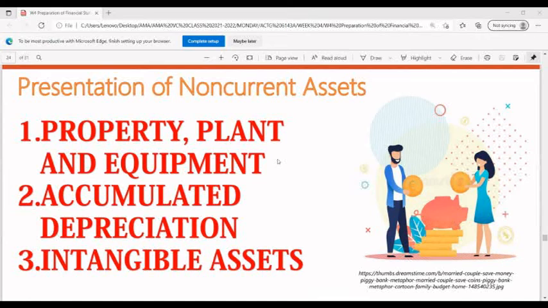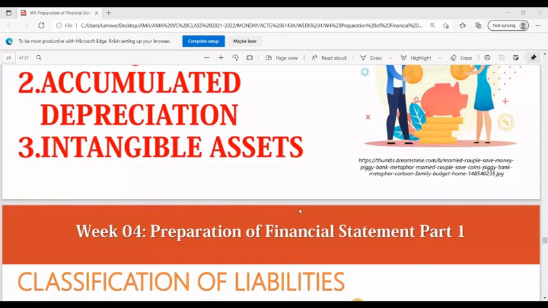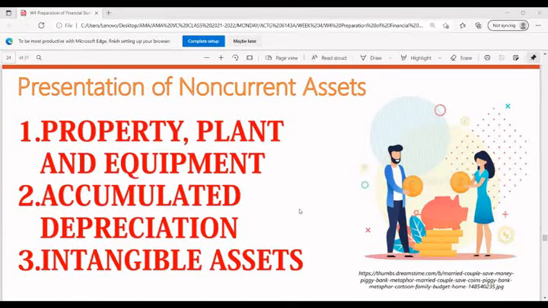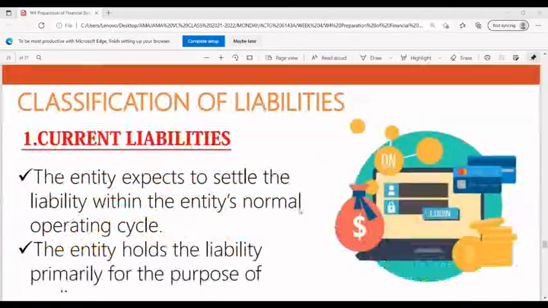Later on, when we discuss the intangible assets, the list of those will be given. But this is an overview, an advance notice, that an intangible asset is a non-current asset which sometimes costs millions.